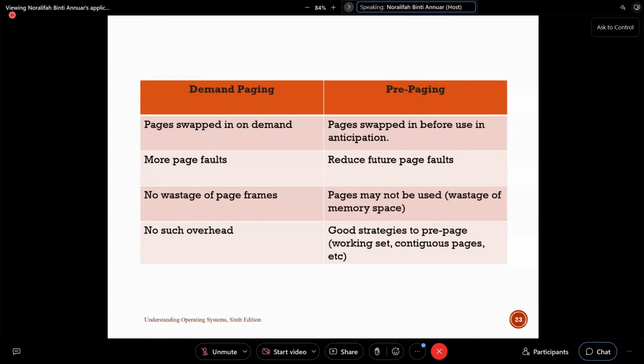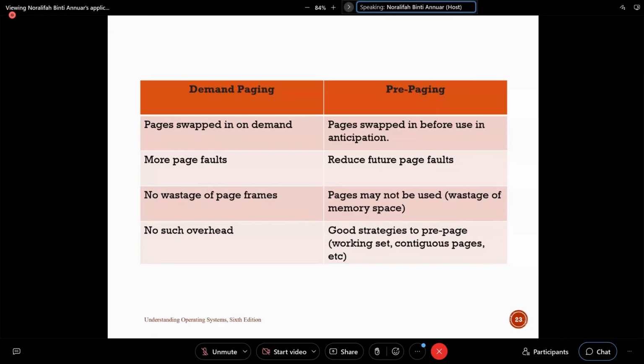Kan page 1, 2, 3 sama, tapi will be loaded based on the demand only, based on request. So best swap in on demand. Kalau swap in and out to inside memory, more page faults of course. Page fault maksudnya if the page is not in memory, we call it a page fault.